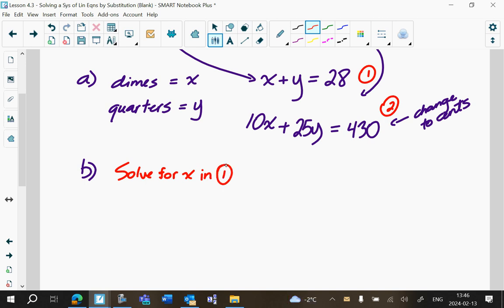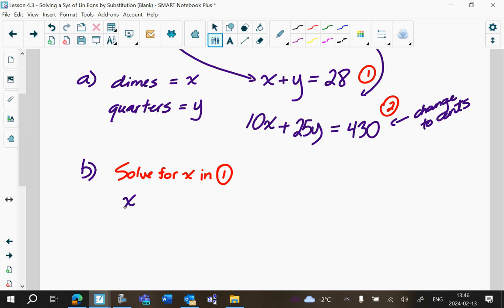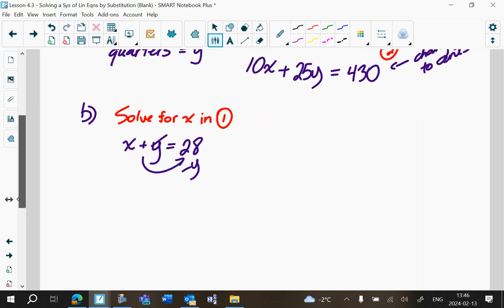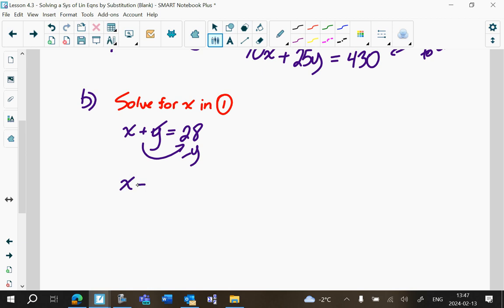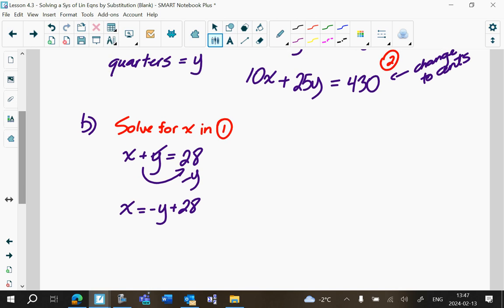So when I do that, instead of X plus Y equals 28, I'm going to take the Y over by subtracting it, which gives me X equals -Y plus 28. Now what?